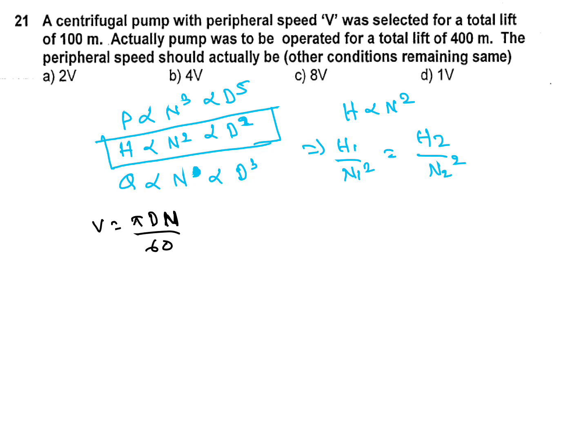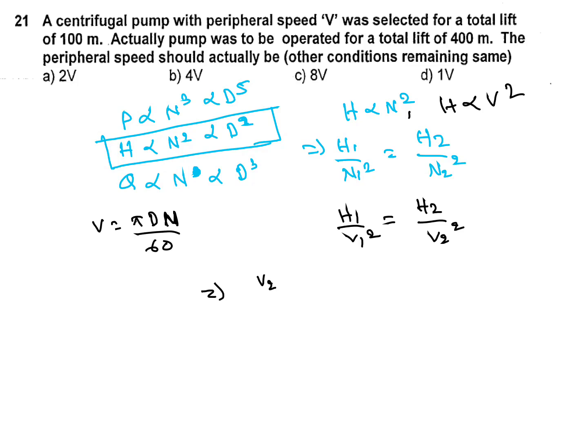From here we can get h1 by v1 square equal to h2 by v2 square. We have to calculate peripheral speed in the second case. v2 square equal to h1 by h2 into v1 square.